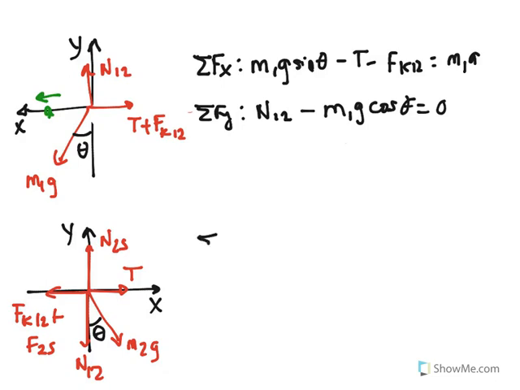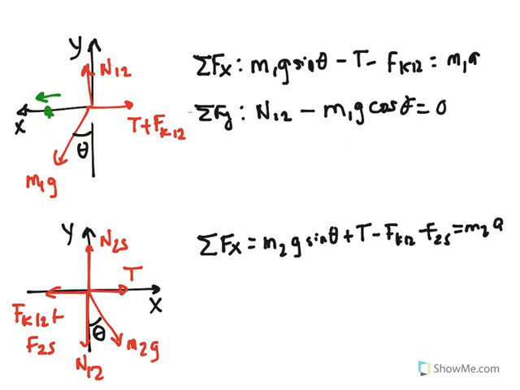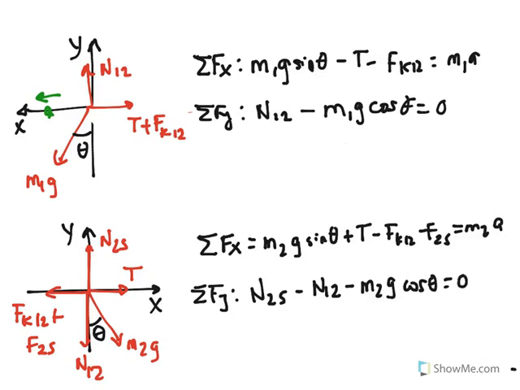In the other situation, the sum of forces in X is going to be equal to mass 2 times gravity sine of theta plus tension minus friction 1, 2 minus friction 2 with the surface equals mass 2 times acceleration. The sum of forces in Y: normal 2 with the surface minus normal 1 with 2 minus mass 2 times gravity cosine of theta equals 0.